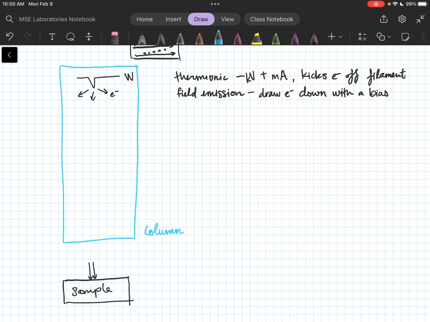The column is where we're going to refine the electrons and get everything stuck together nicely. We've got this long stack of things.